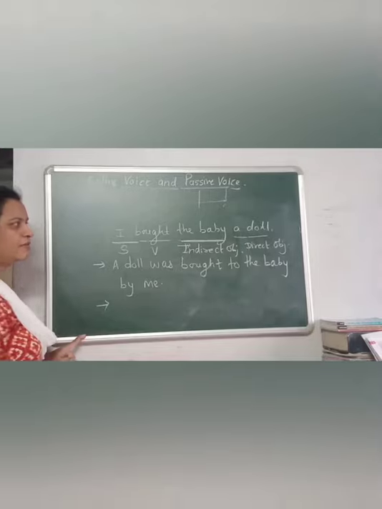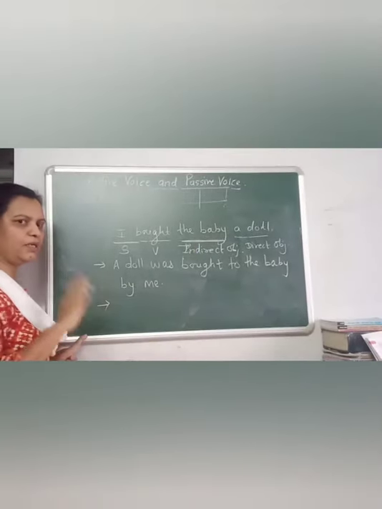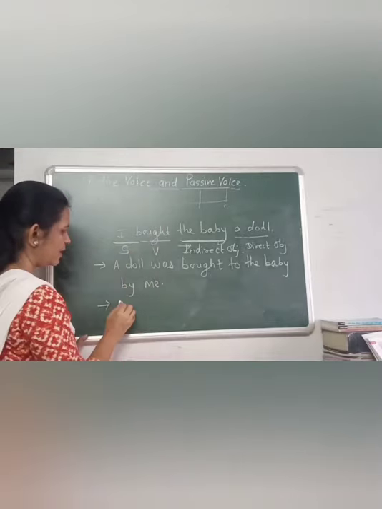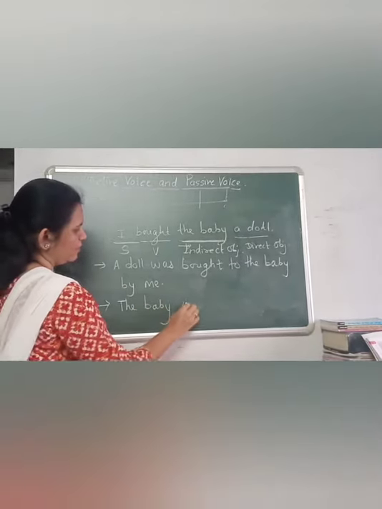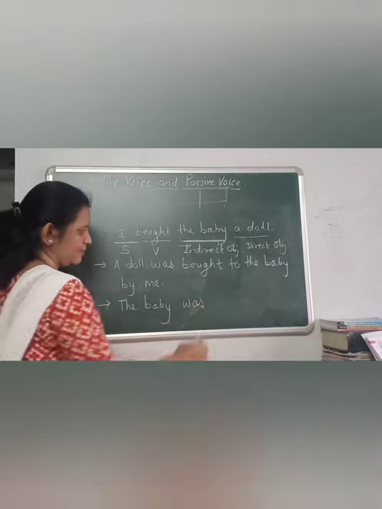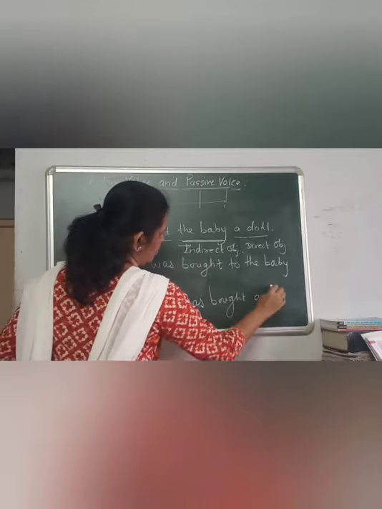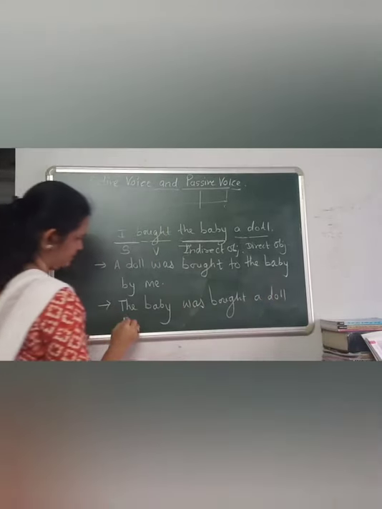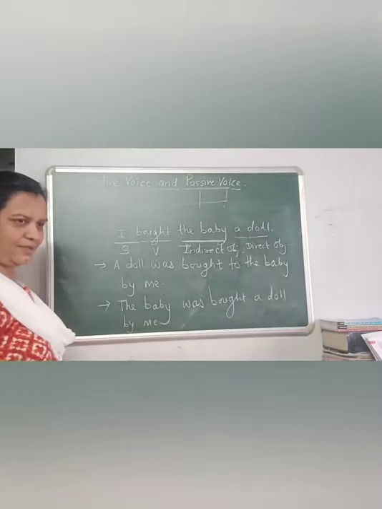Now the second answer we will write here, and here we will take the indirect object in the beginning of the answer. What is that? The baby. The baby was bought a doll, yes, by, right?